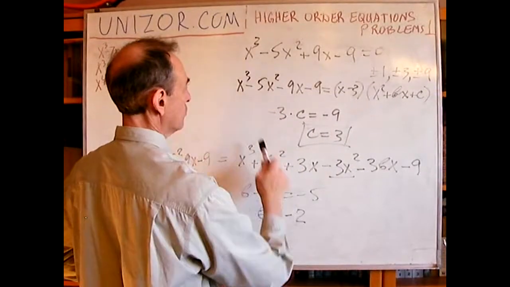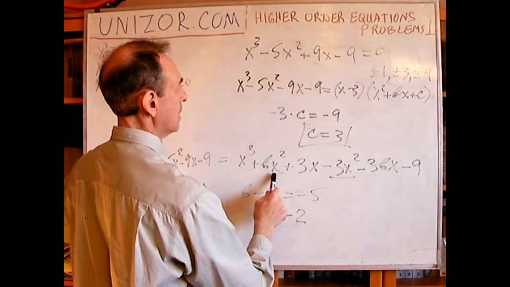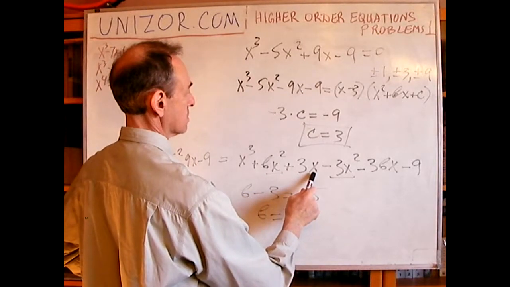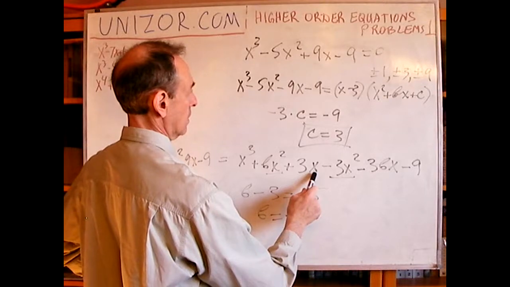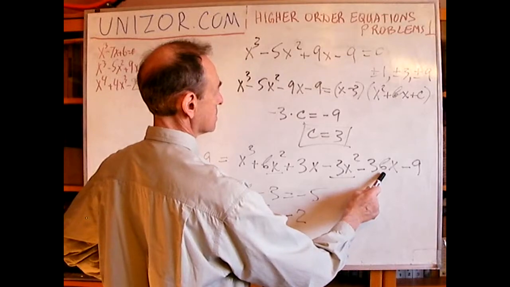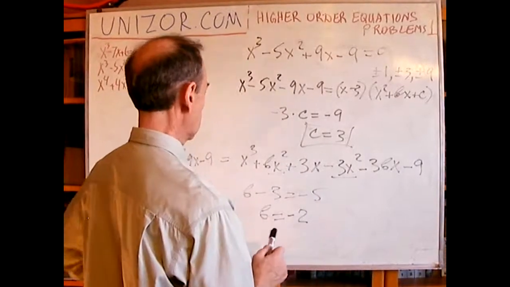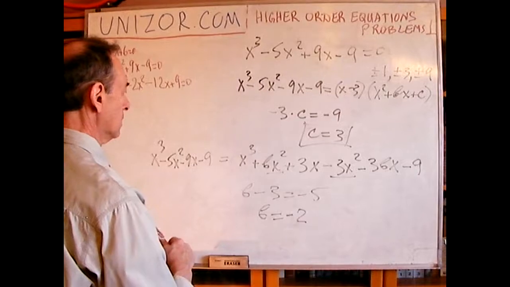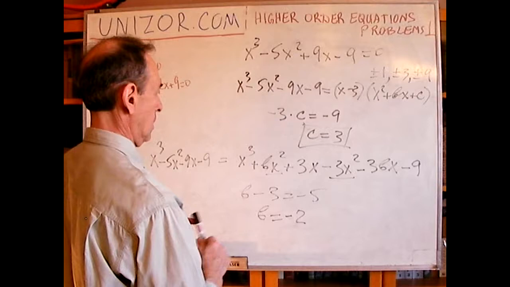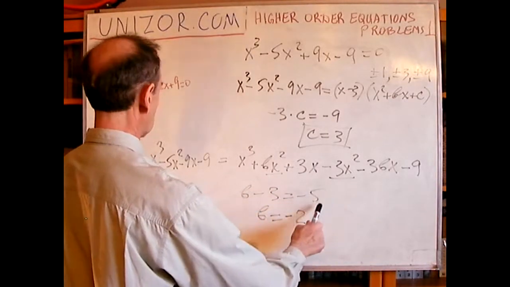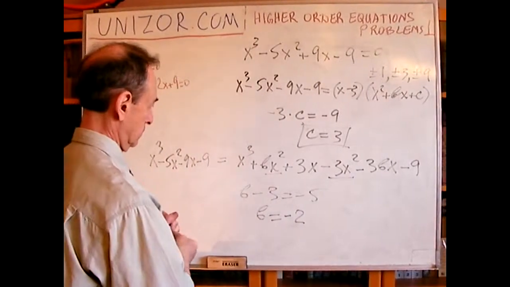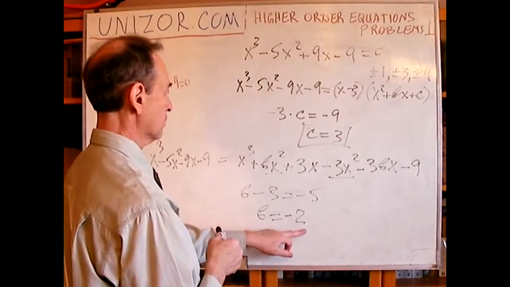So x cubed plus bx squared plus cx, which is 3x, right? Minus 3x squared minus 3bx and minus 9. So x cubed is fine. B minus 3 is equal to minus 5, x squared, I mean. Right, so b is equal to minus 2.